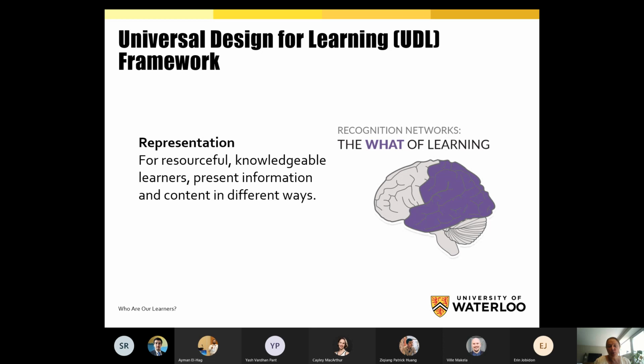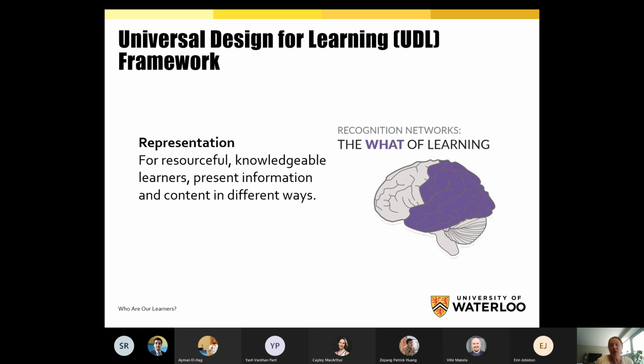We're just going to walk through then the three framework elements, just to unpack them a little bit. The what of learning is what is referred to as representation in the Universal Design for Learning framework. And in this particular case, what we're talking about is developing resourceful and knowledgeable learners, and we need to present material and content in different ways.